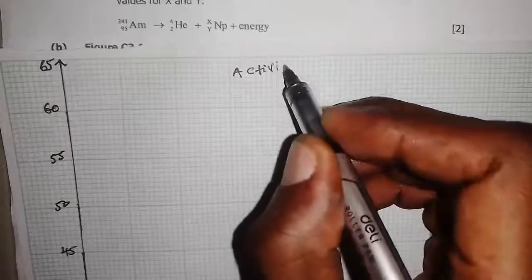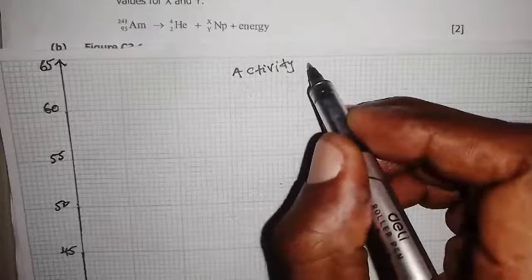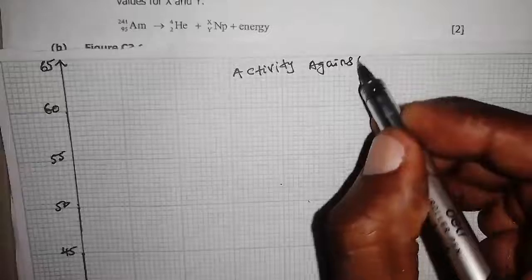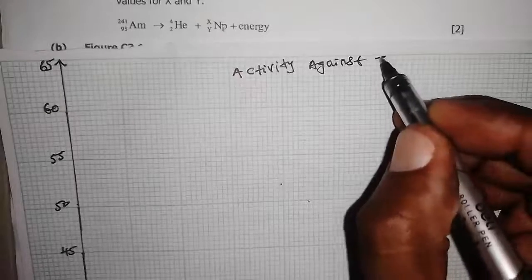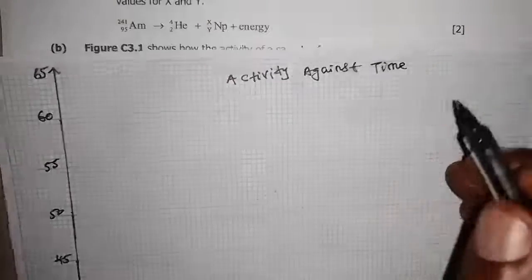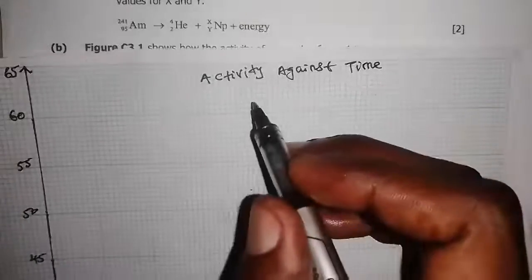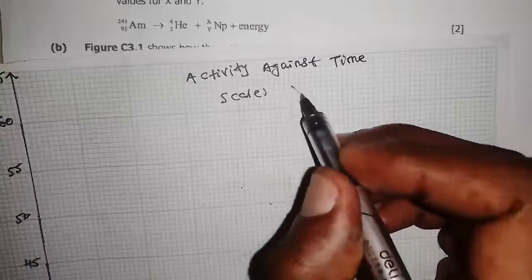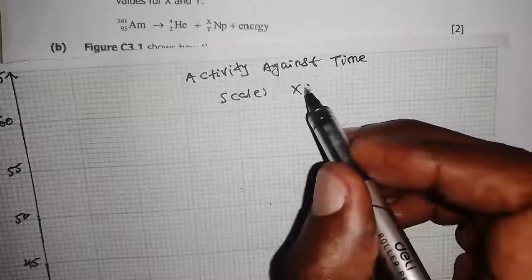So activity, let's just say against time. And then our scale, you can just indicate the scale.